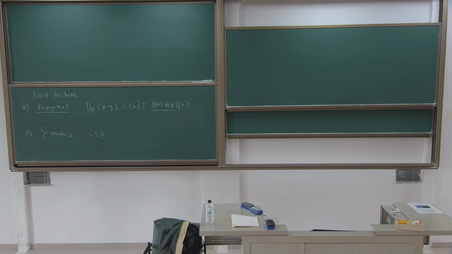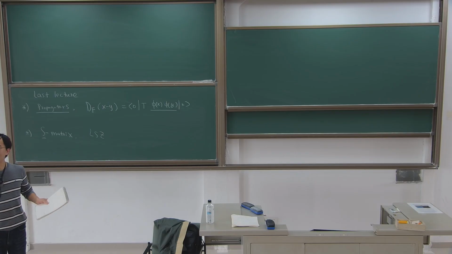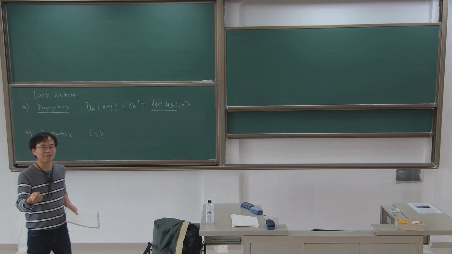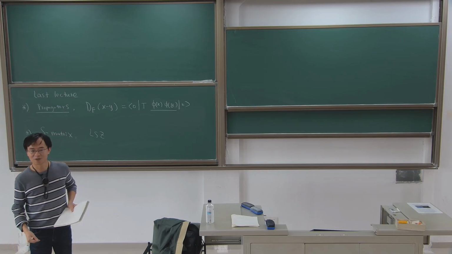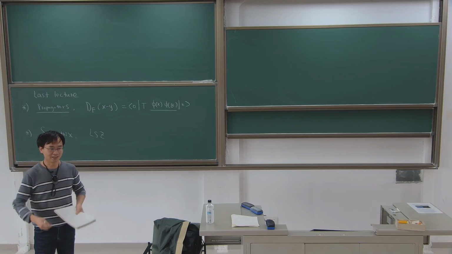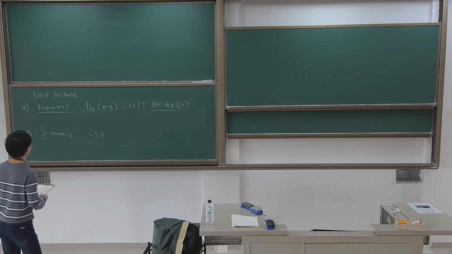It guarantees that the initial state is always created first and later annihilated. Otherwise, you somehow violate causality. It's quite unnatural, right? Your late-time operator or late-time state somehow creates the earlier one. That's weird.